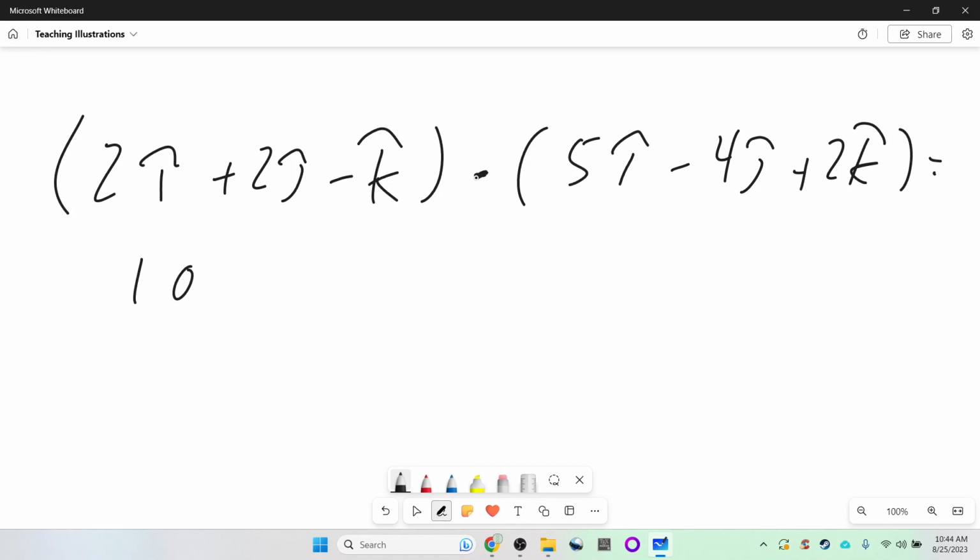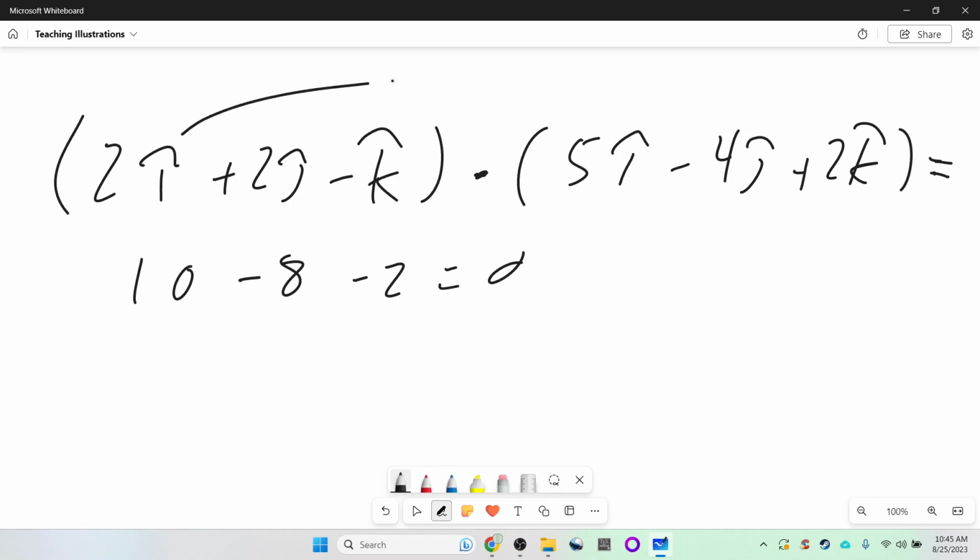Notice we're not distributing with the dot product here. I guess you could, but it would make it a lot more complicated. Now I've sent myself into a tailspin here. Hold on just a second. 10 minus 8 minus 2 is 0, so they are orthogonal.